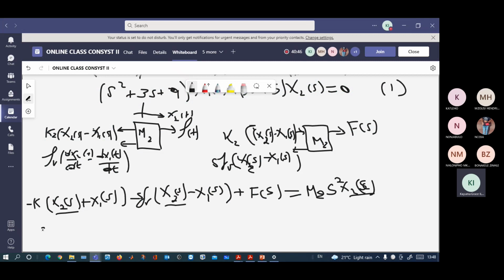So the mass is going to be 2 S square in the bracket, plus Fv, which is 3S, plus K2, which is 5, I think it's 5. Close the bracket, X2 of S.